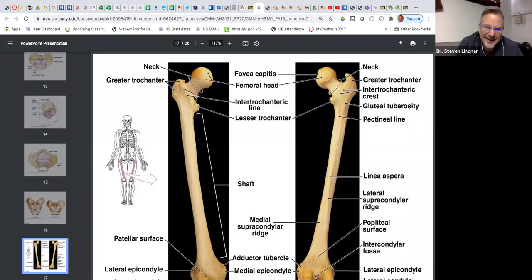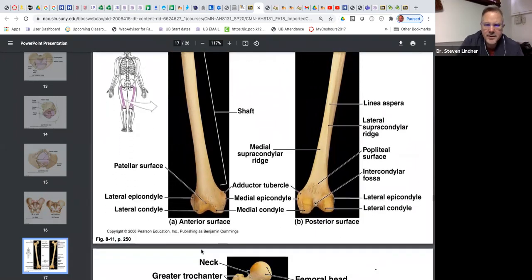Connecting the greater and lesser trochanter on the anterior side is the intertrochanteric line, but on the posterior side, there's the intertrochanteric crest. But the concept is the same. They are connecting the greater trochanter to the lesser trochanter. Then you have the diaphysis, which is the shaft of the femur.